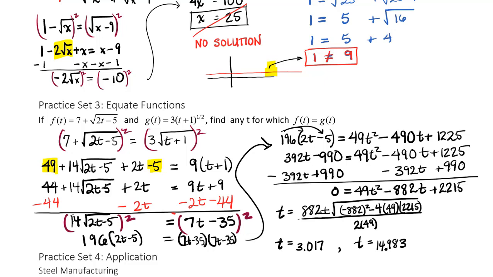I'm going to let you do that on your own, but I do want to point out that one of the solutions is incorrect. Go ahead and pause the video and give it a try. Welcome back. So if you did the substitutions, you would know that t equals 3.017 is not a solution, and there is a solution at t equals 14.983.